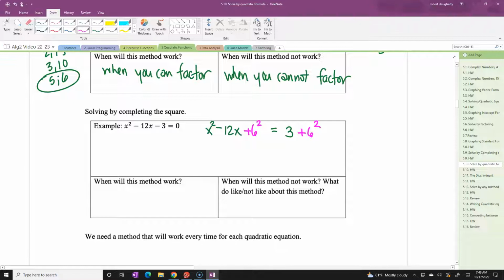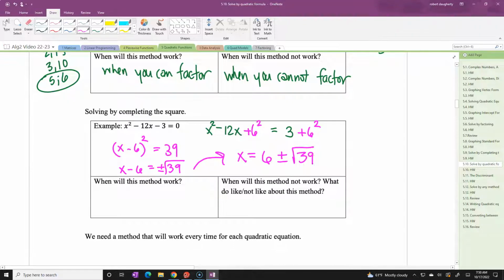So on the left, I have x minus 6 squared, because that's x squared minus 12x plus 36, is equal to 36 plus 3, which is 39. Now you go back to the first method of taking the square root of both sides. x minus 6 equals plus or minus the square root of 39. Therefore, x is equal to 6 plus or minus the square root of 39.